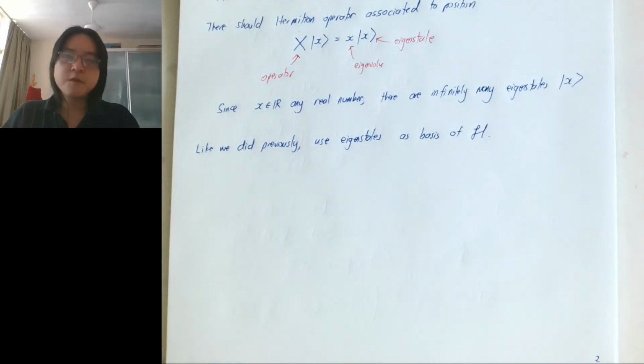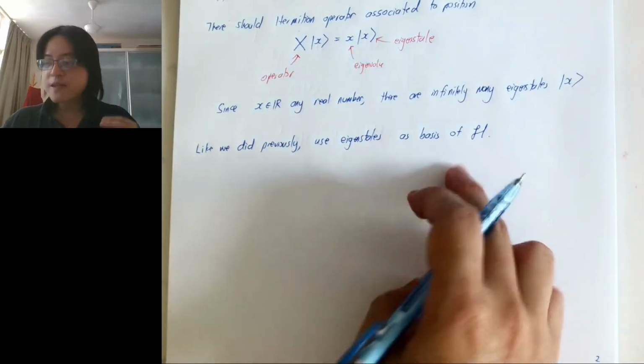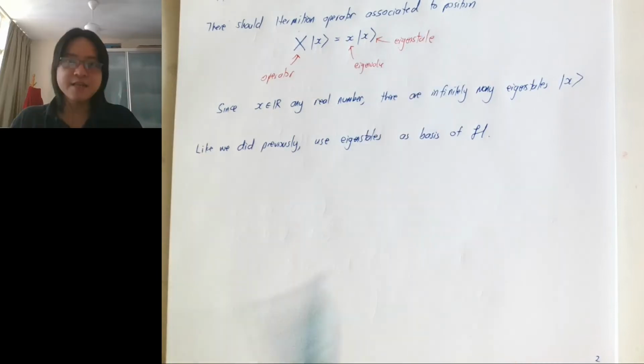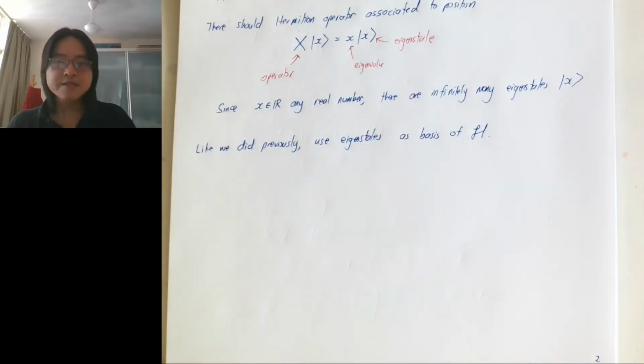So this is what we shall try to do. But now, how do you express something with an infinite basis? Yes, the eigenvalue can be a real number, because position is a real number, and also it's a Hermitian operator, therefore we must have real numbers.